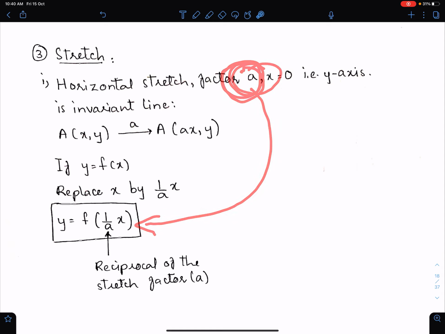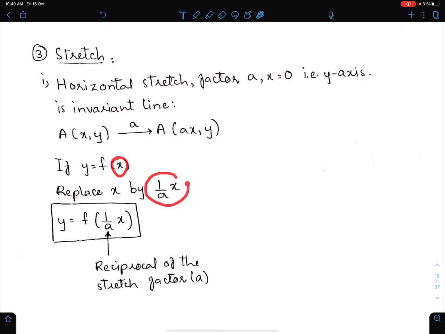Like if this is the equation of the object, then by replacing this x by 1 upon ax, we can get the equation of the resulting graph. But while finding the coordinates of the image, we multiply the x-coordinate with this same stretch factor, a. We don't take the reciprocal here.